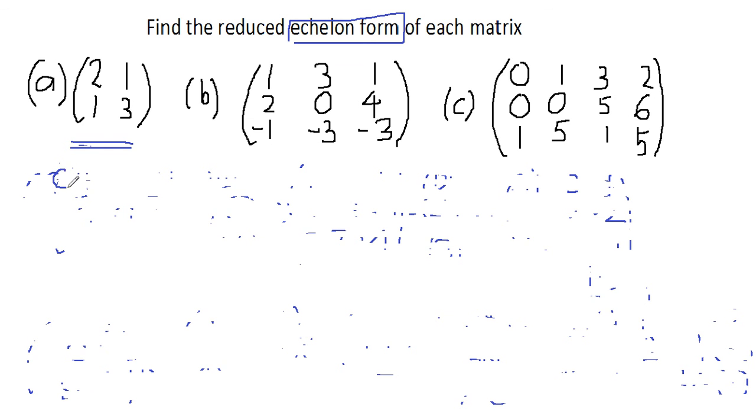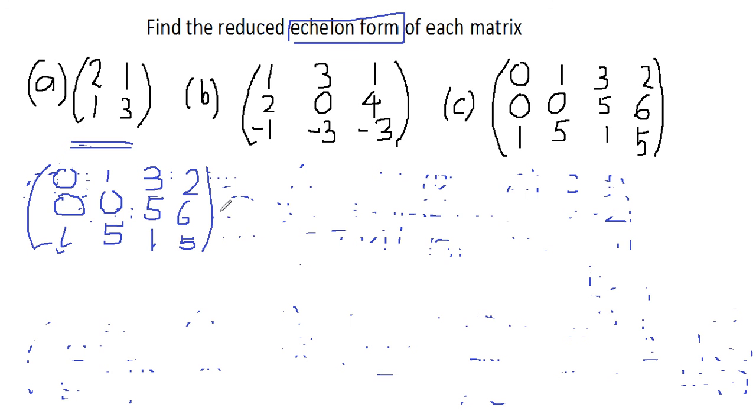So this is our matrix. 1 0 5 3 5 1 2 6 5.